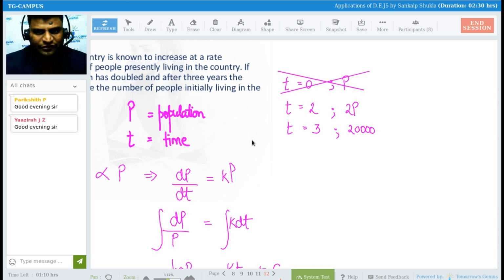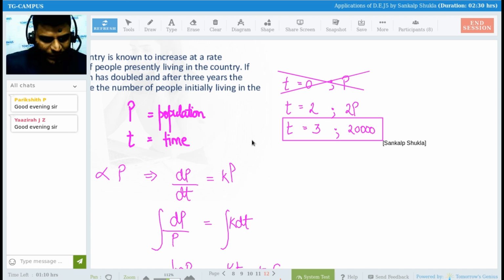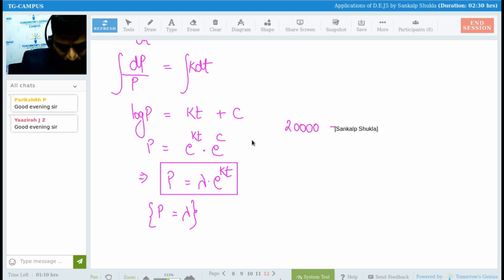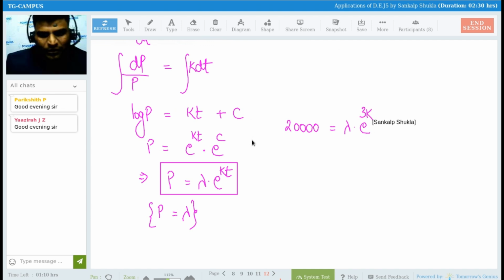First use t is equals to 3 and p is equals to 20,000 because this is a genuine particular solution, right? So we can put t as 3 and p as 20,000. So 20,000 can be written equal to lambda into e raised to the power 3k. Yeah, this will establish a relation between k and lambda.